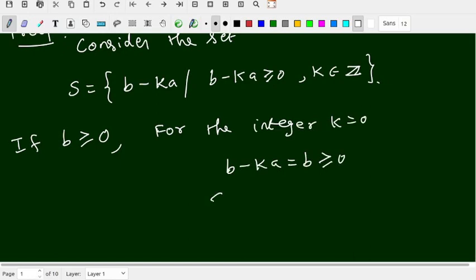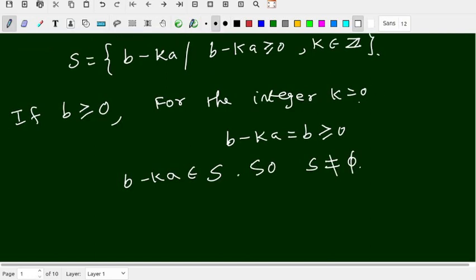So b minus ka belongs to S, and S is non-empty. When b is greater than or equal to 0, we choose k equal to 0, then the number b itself is a member of S, so it is non-empty.